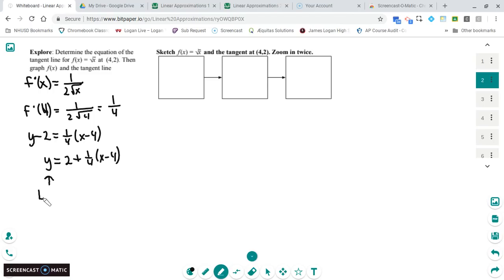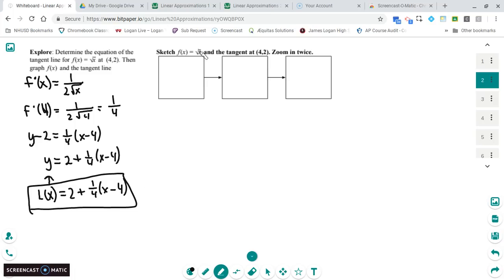So I'm going to go ahead and use L. All right, so replacing the y with L of x, I get L of x is equal to 2 plus 1/4 (x minus 4). So this is my linear approximation, which is actually the tangent line at (4, 2).